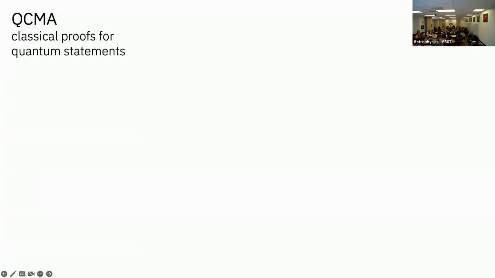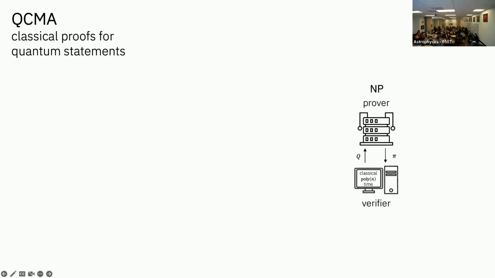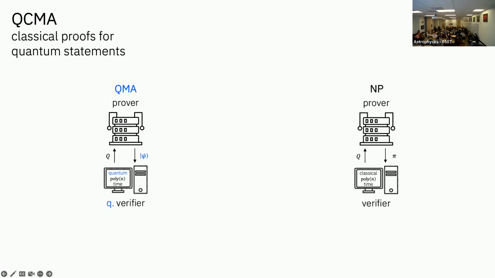And to do that, I have to introduce another complexity class. So you'll see that there's a deep tie-in from these complexity classes to actual physical statements about states, right? So what do we have? We have these two classes which we've already talked about, NP and QMA. What is NP? You send a classical question, you get a classical answer. Prover is classical. Verifier is classical.